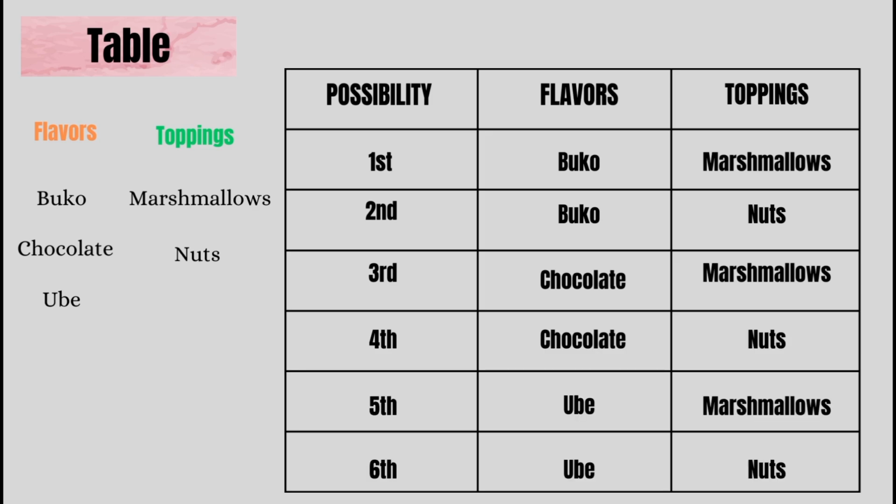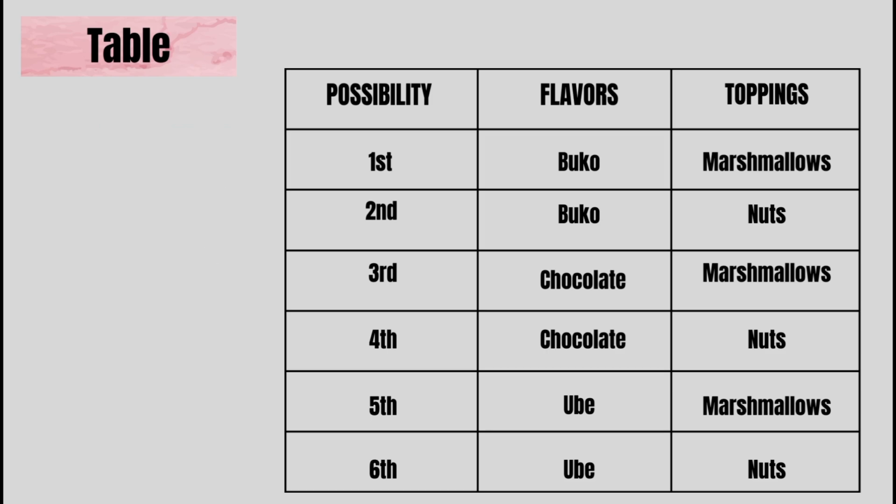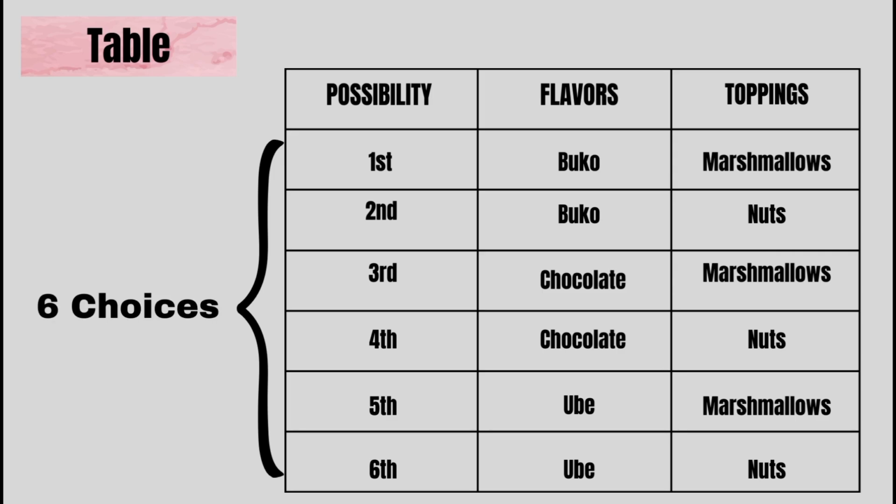After completing the table, count the number of possibilities listed on the table that we can see from the first column. We have first, second, third, fourth, fifth, and sixth possibility. Therefore, based on the table method, we have 6 possibilities or choices of ice cream we can choose from.